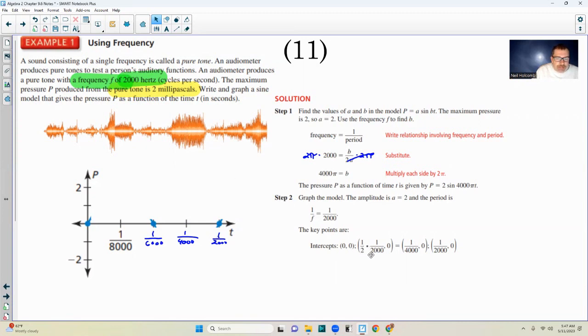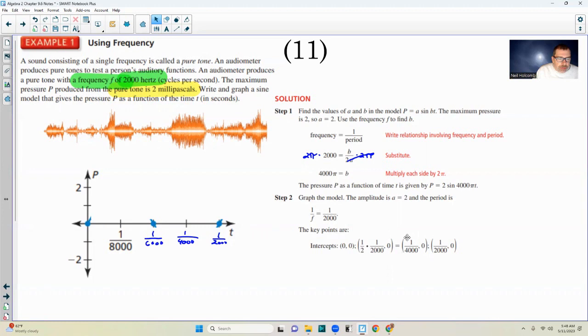So it's 1/2 times 1/2000, or 1/2 times your period, comma 0. So that's 1/4000, so that's a 0. So the intercepts are 0, 0, okay, because the sine of 0 is 0.